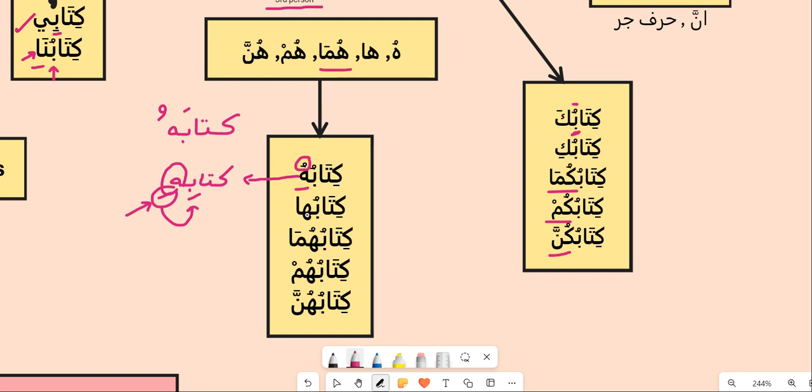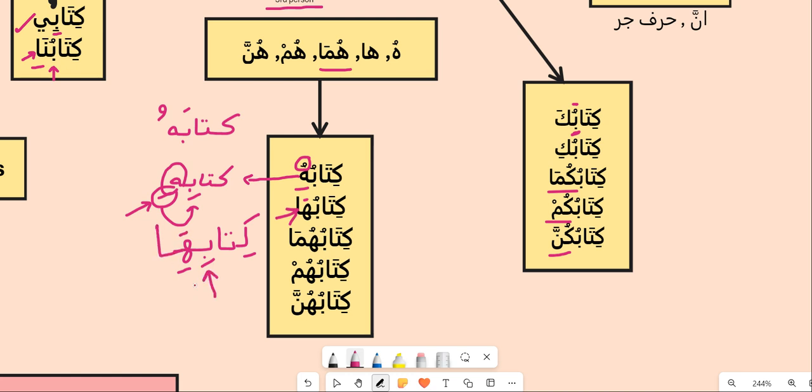Similarly, when it comes to ha, this is for the feminine, kitabuha, it will not change into kasra when it comes to kitabi. So when it comes to kitabi, it cannot be kitabihiha, because it's coming with the long vowel, so it will always remain with the fatha.